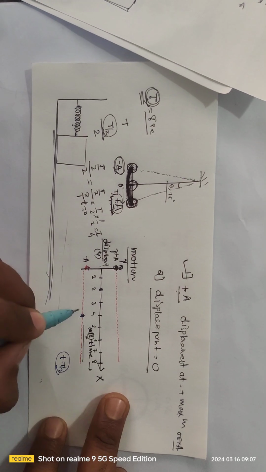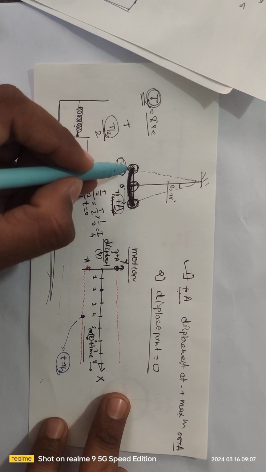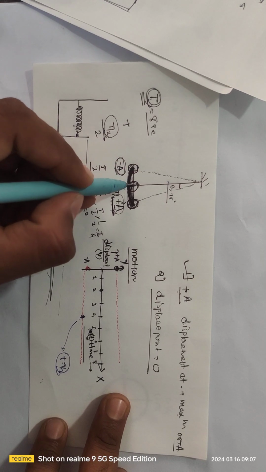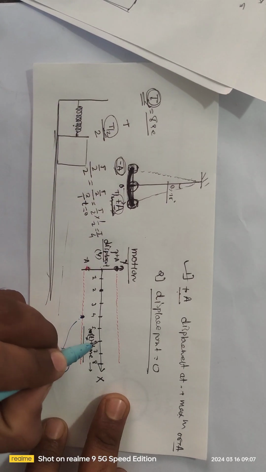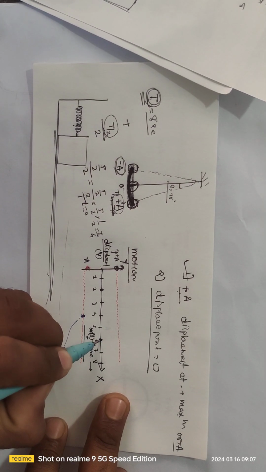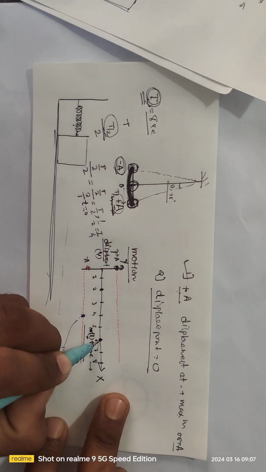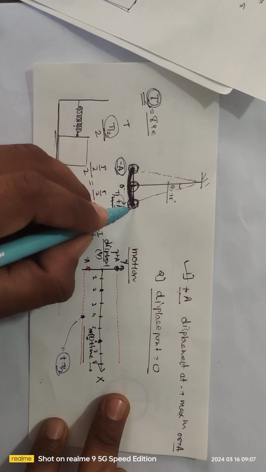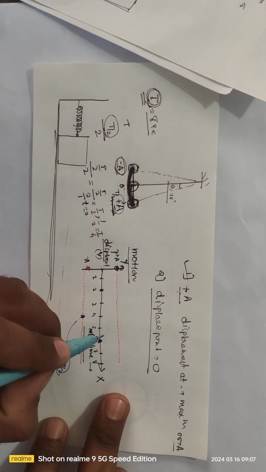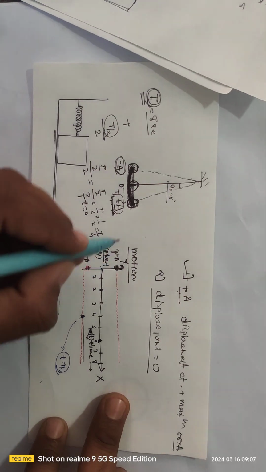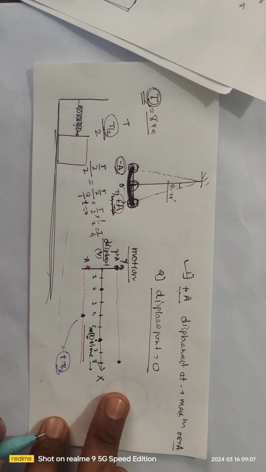Now what will happen? Again after 2 seconds it will come to the equilibrium position. So at the 6th second the particle is here, and lastly the particle reaches the same position, the plus A position.